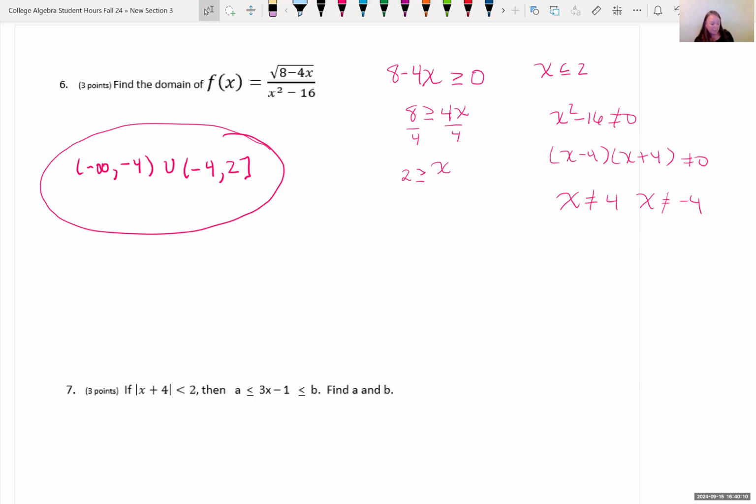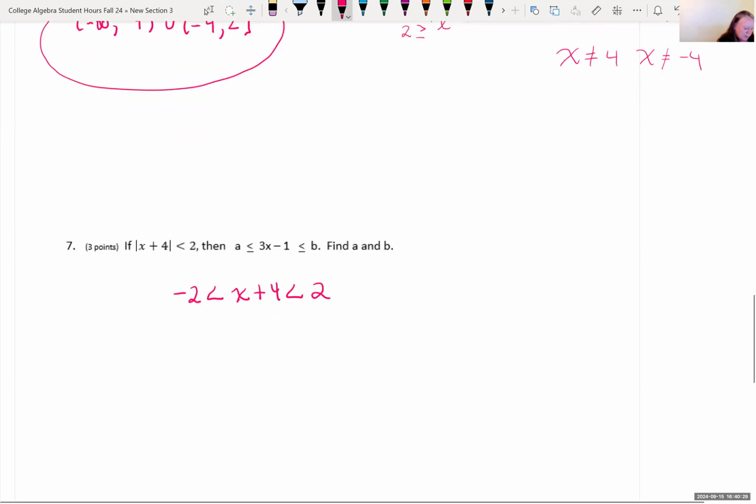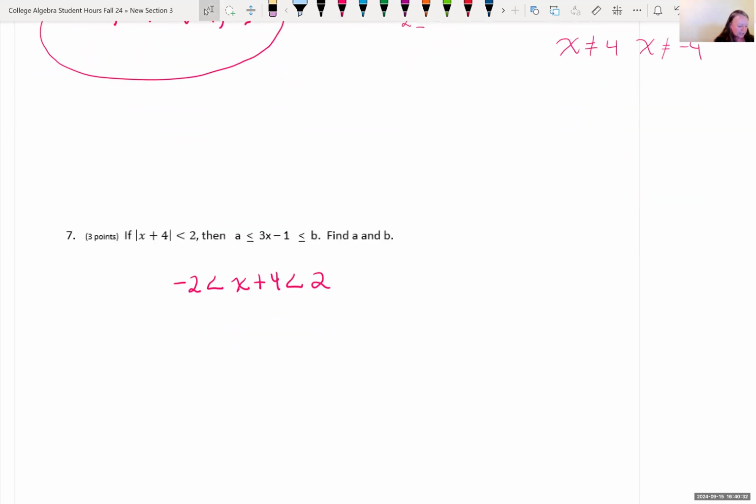I'm going to drop my absolute value. I noticed to drop my absolute value, since this is a less than sign, that would be sandwiched in between the negative of the one side. So negative 2 is less than x plus 4, which has to be less than 2. How about let's get x by itself first inside the absolute value.